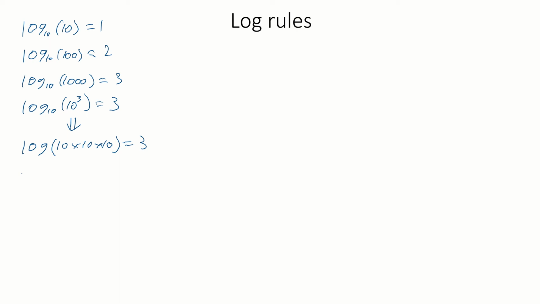Okay, but what gets interesting is if we look at log of 10 plus log of 10 plus log of 10, what would that be? It would be 1. Log of 10 is 1, plus 1 plus 1, which equals 3.